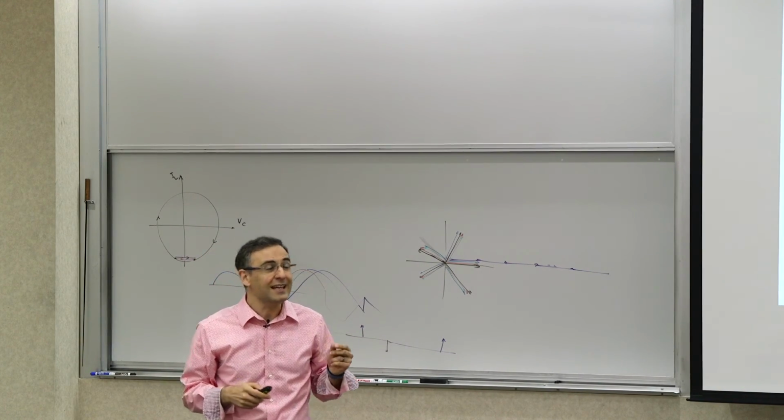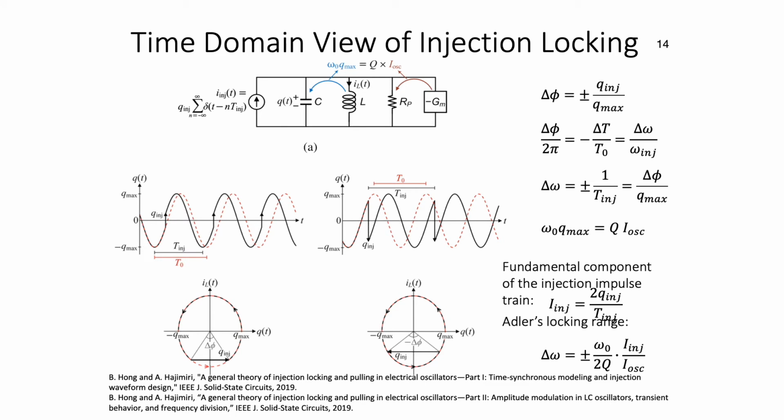One of the interesting things is that if you do the calculation of how much phase shift you induce due to this injection of charge and express it in a simple calculation, shown in this plot and in the state space diagram, you're moving from this point to that point, or from this point to that point, and you can calculate the total amount of deviation in frequency that you can expect and relate it to the maximum charge swing of the oscillator, which is related to its current and the quality factor.